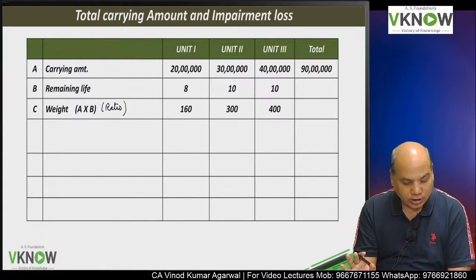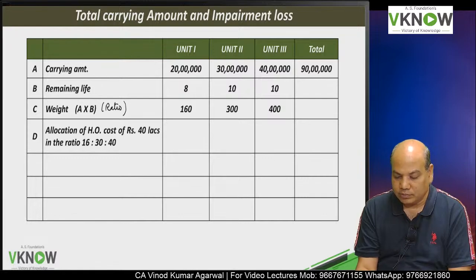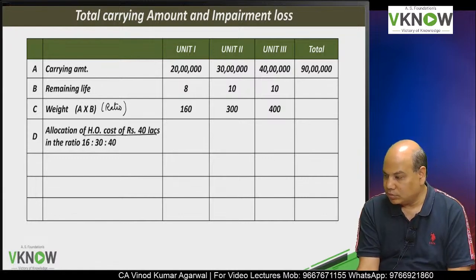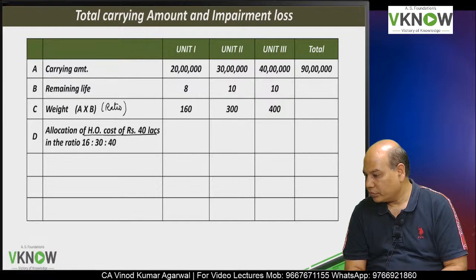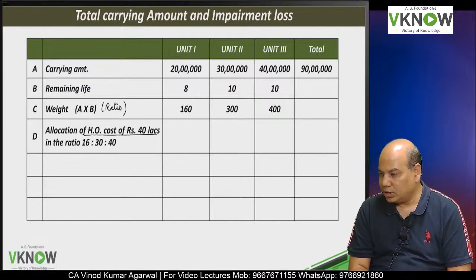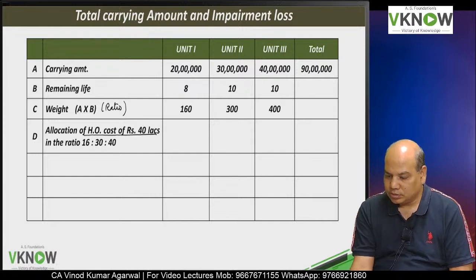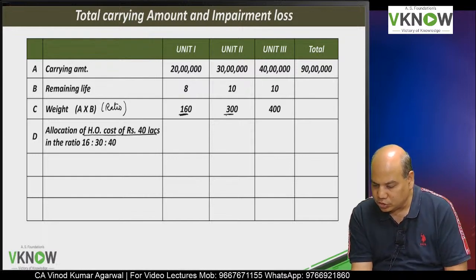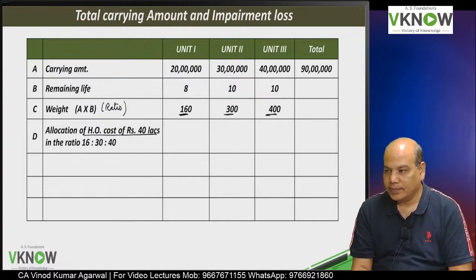So what is the carrying amount of the head office building? The head office building carrying amount is 40 lakh, and the ratio is 16:30:40.